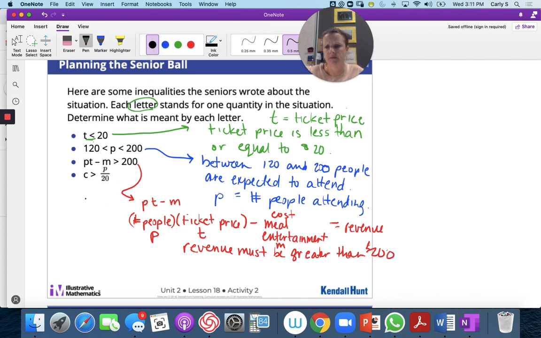I'm all out of fun colors, so we'll go here. C is greater than P over 20.